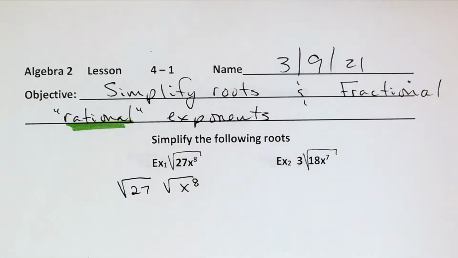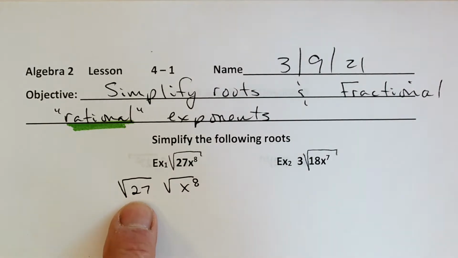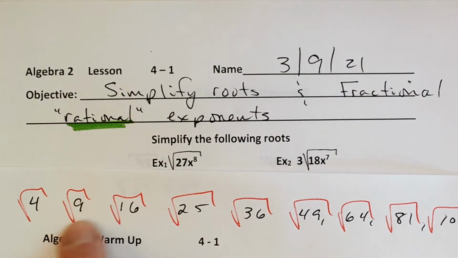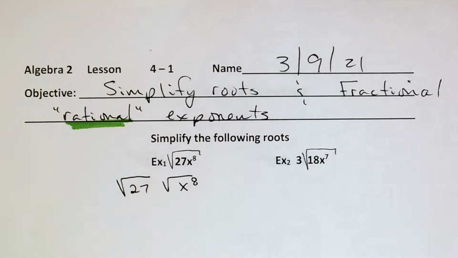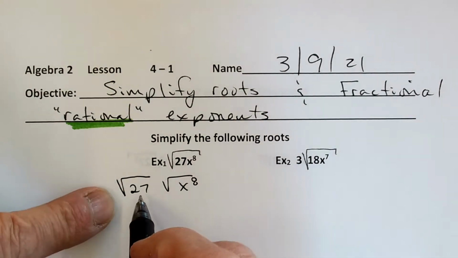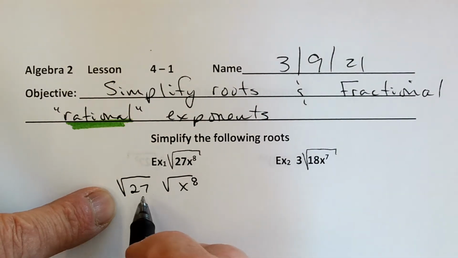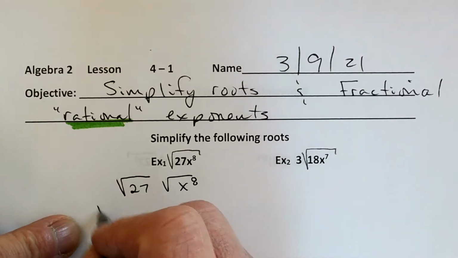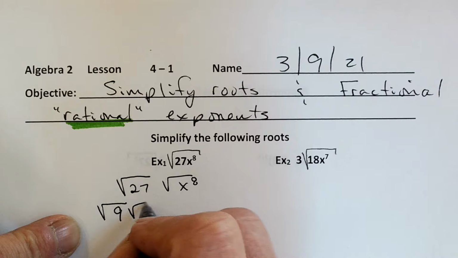So what I'd rather do is find a way to reduce it. We're looking for multiples of 27. We'd really like to use one of these numbers, so hopefully 9 and 3, you guys agree? 27 would be 9 and 3. So I'm looking for a pair of multiples where one of them is a perfect square. What times what makes 27? How about the square root of 9 times the square root of 3?